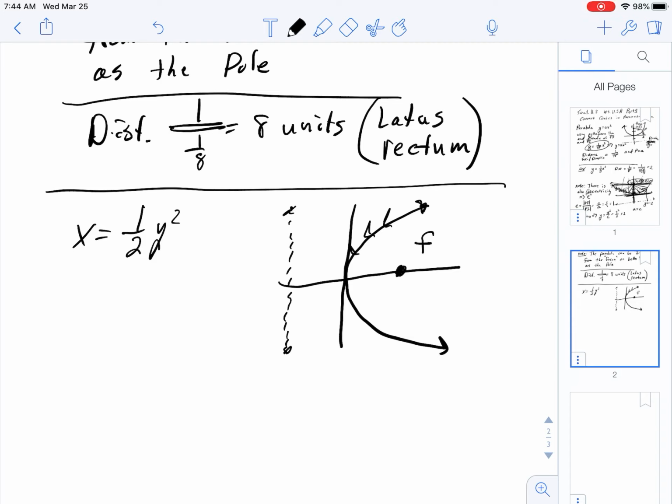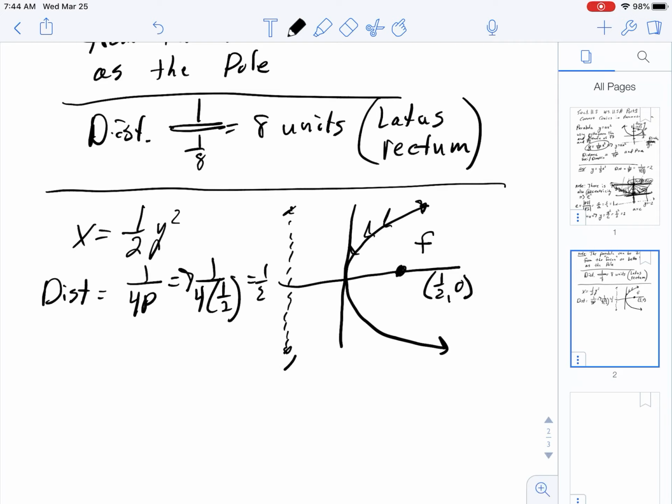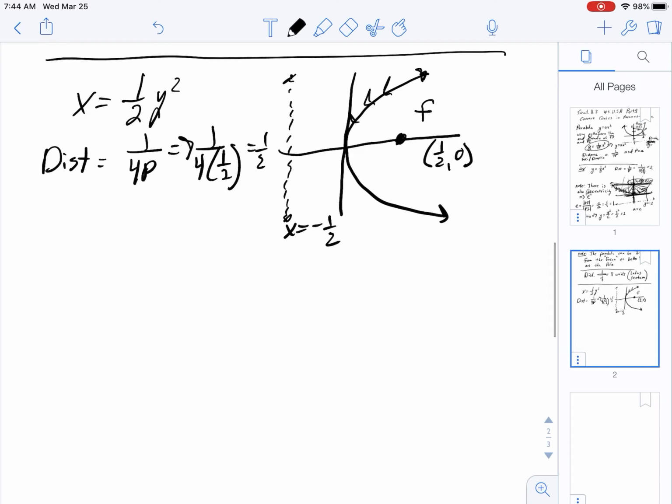First off, we have to find the focus. Again, the distance is found by 1/4p, which implies you have 1/4 times 1/2, which would be a half. So my focus here would be (1/2, 0), and my directrix would be x equals -1/2. Now, my eccentricity, and I usually call it Ika to try and remember it, e equals c over a.